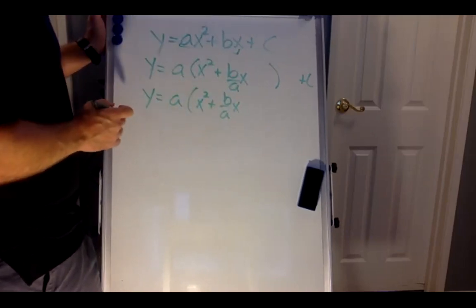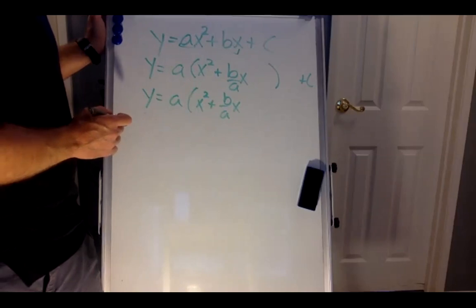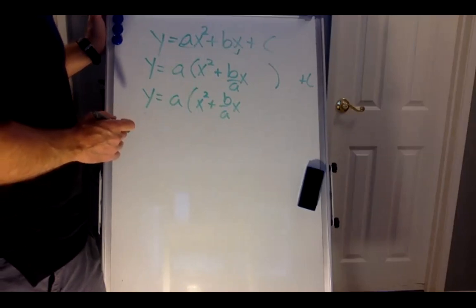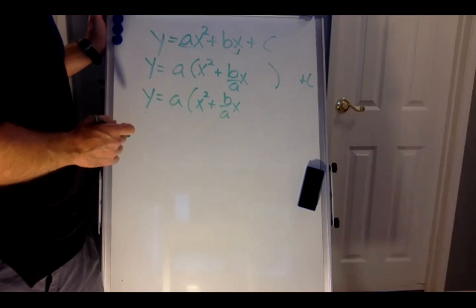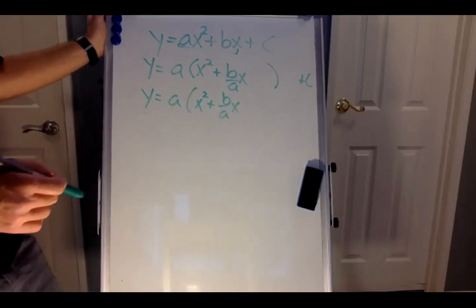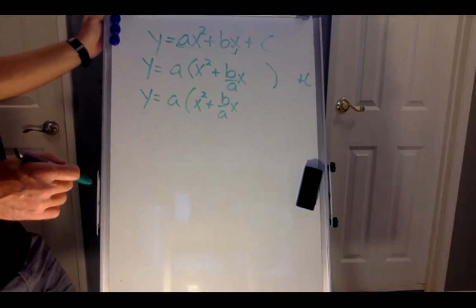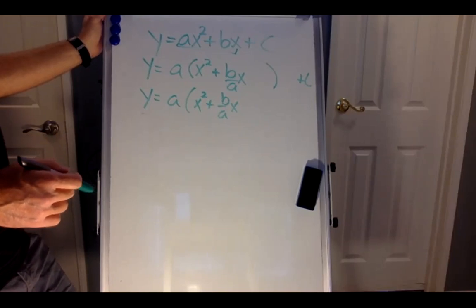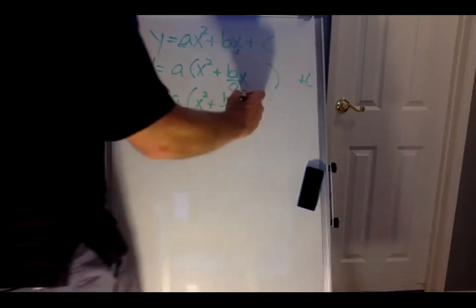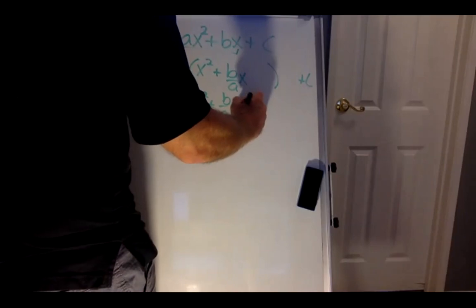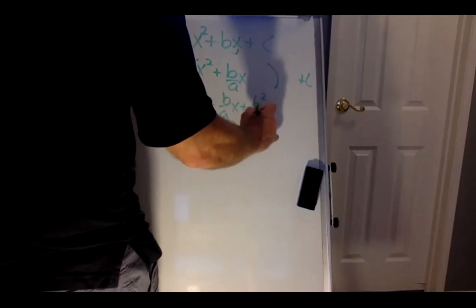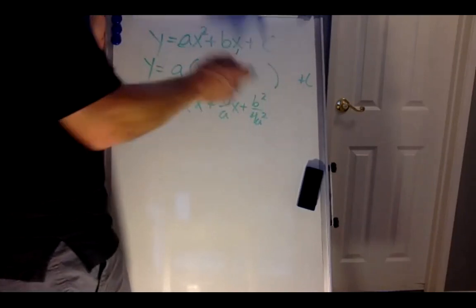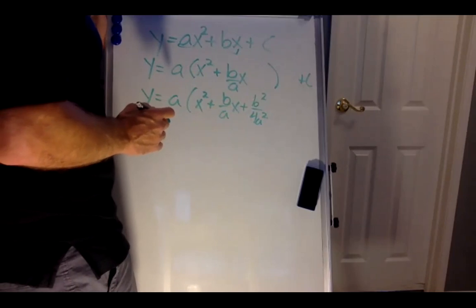What is half of B over A? It's just B over 2A. Okay? Now, do you need to see how half of B over A is B over 2A? Or do you understand? That makes sense. Now, when you square that, we're going to add that, B squared over 4A squared. That's the square of B over 2A.